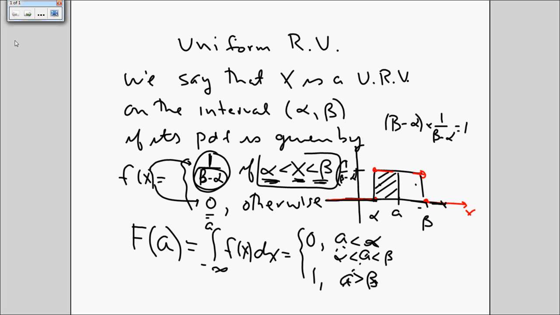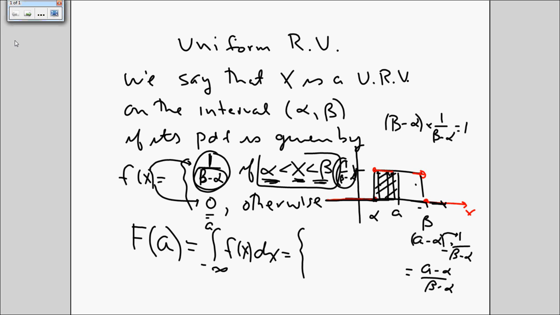Well, simple. It's a rectangle. It's the base, which is A minus alpha, times the height. The height is always 1 over beta minus alpha. Times the numerator, you get A minus alpha over beta minus alpha. Let me write this bigger.